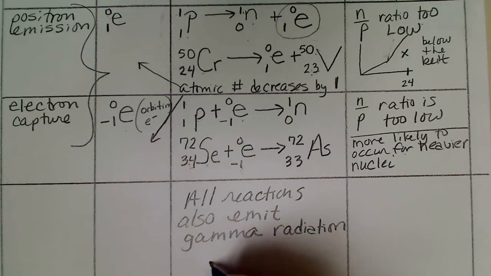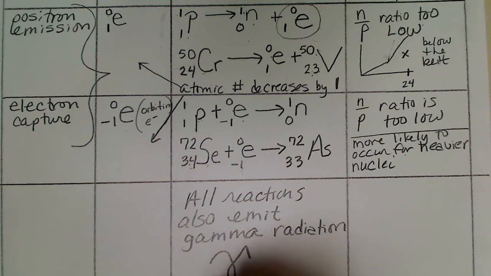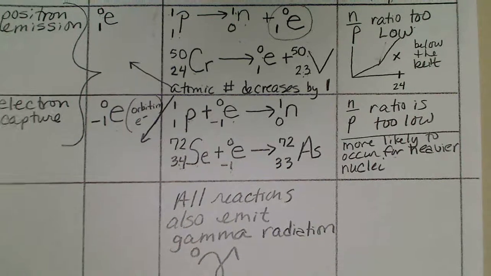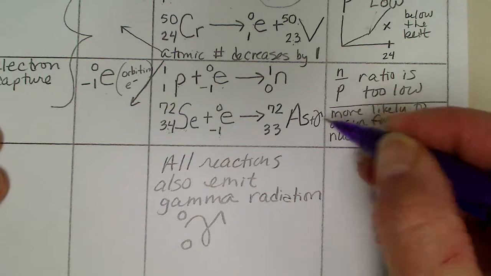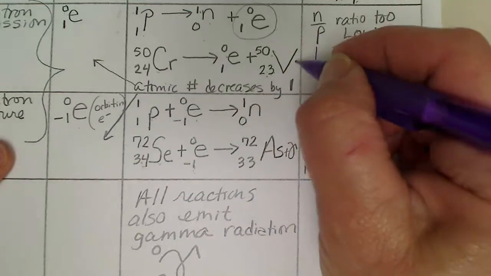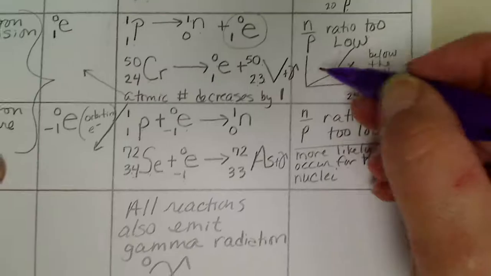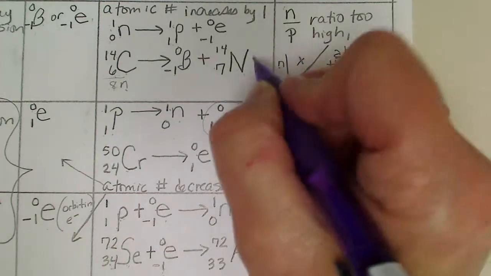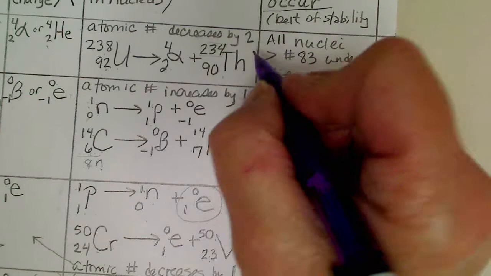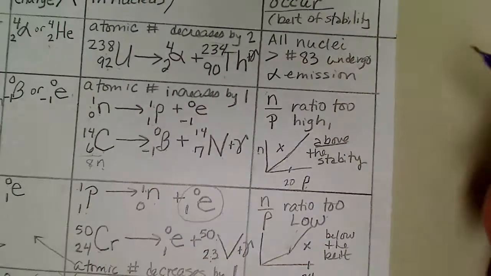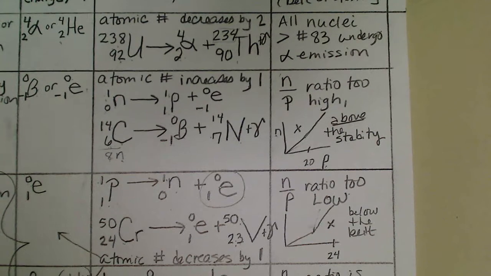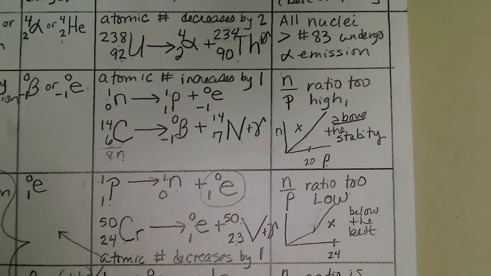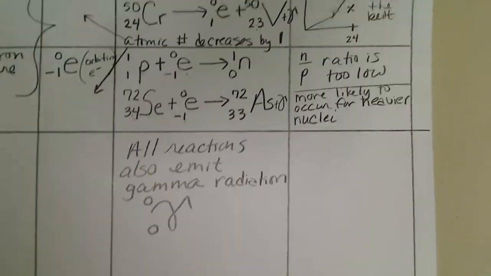So remember, a gamma particle has a charge of 0 and a mass of 0. So if I wrote plus gamma here, that would be correct. Plus gamma here, and plus gamma, and again plus gamma. It's kind of like in algebra. We don't have to add 0 to the equation because it doesn't change its numerical equivalence.